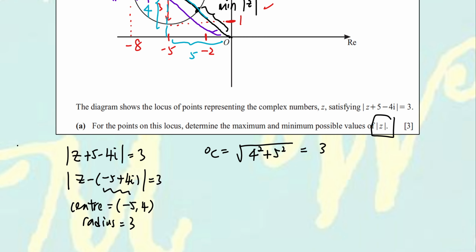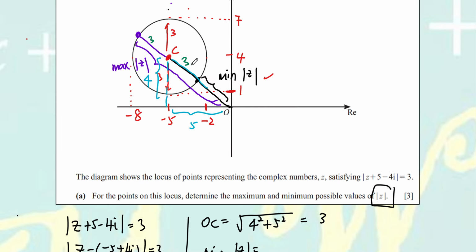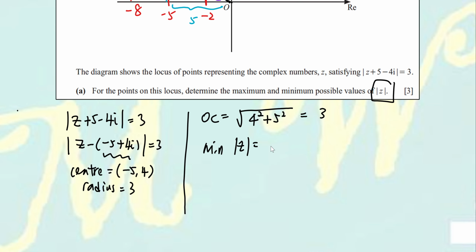Then now my minimum modulus z is going to be OC minus the radius. Square root of 4 squared plus 5 squared is square root of 16 plus 25.